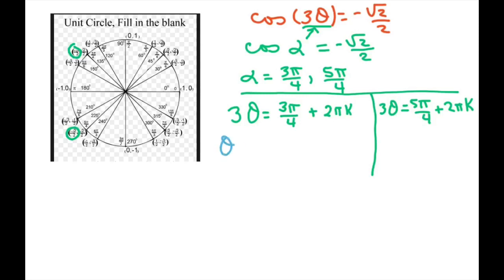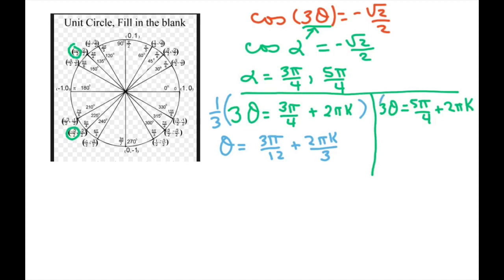If you multiply everything through by 1/3 here, you're going to get theta equals 3 pi over 12 plus 2 pi k over 3.